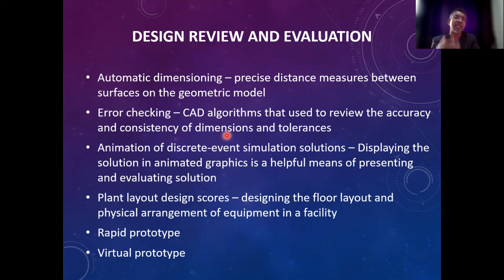In the design process, you already do the evaluation to check the design. So you can do precision design, the dimensions you design, and the accuracy of the design. You can animate and then do a simulation of the design. You can also do prototyping, and then do evaluation, and then do visual prototyping as well.